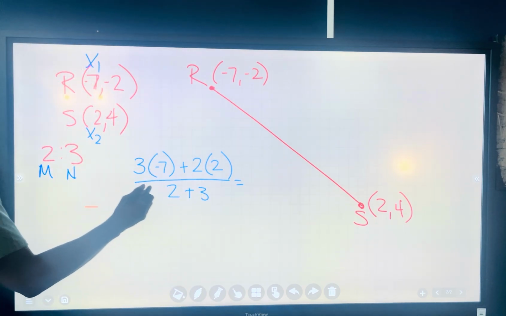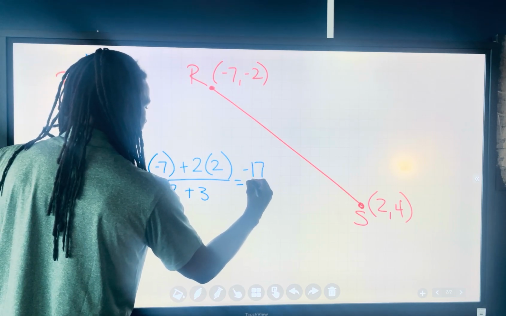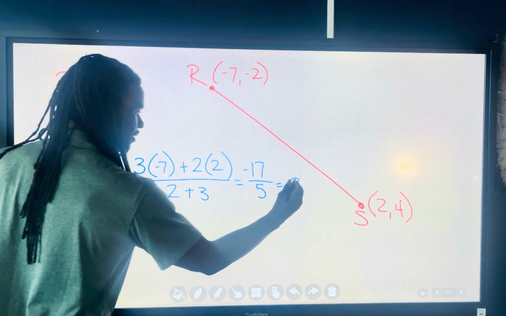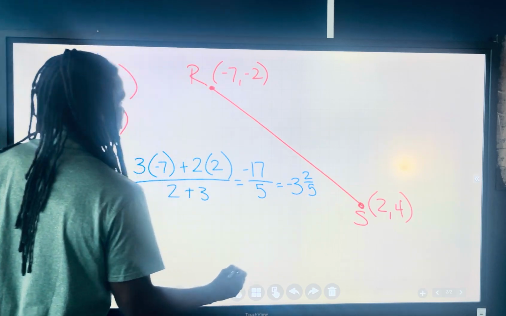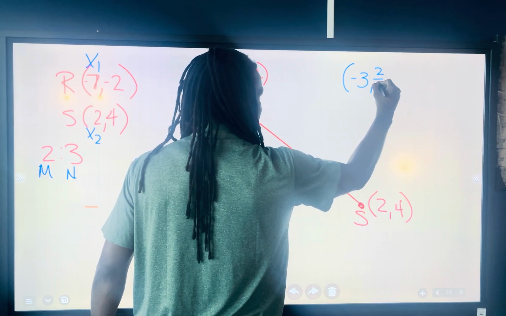That makes this -21 plus 4, which is -17 over 5, which becomes -3 and 2/5. So we know that the X value is -3 and 2/5.